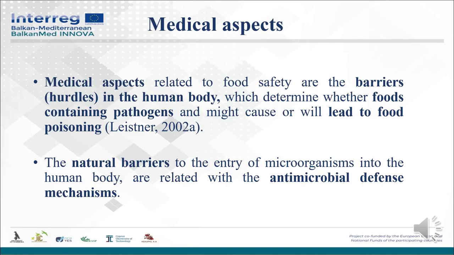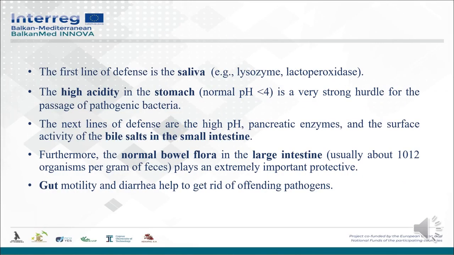Medical aspects related to food safety are the barriers in the human body which determine whether foods containing pathogens might cause or will lead to food poisoning. The natural barriers to the entry of microorganisms into the human body are related to antimicrobial defense mechanisms. In this context, the first line of defense is the saliva.